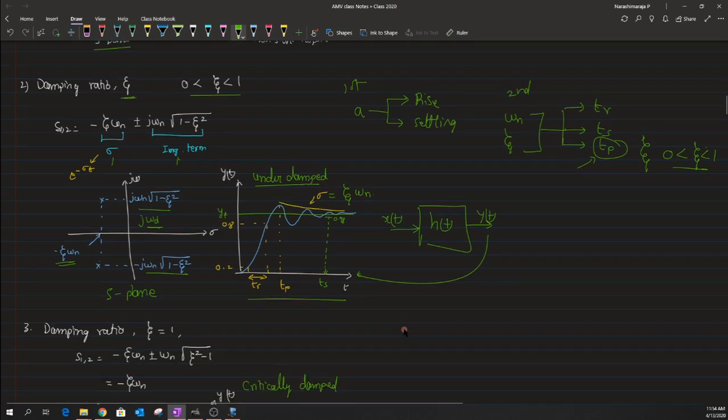And next comes the damping ratio having a value of 1, okay. So in that case, when I substitute the value of zeta equal to 1, this particular term will completely go down to 0, and we will end up having both those roots appearing on the same location, which is defined as zeta times omega n, and again since the value of zeta is equal to 1, this will appear on the axis of omega n itself, okay.